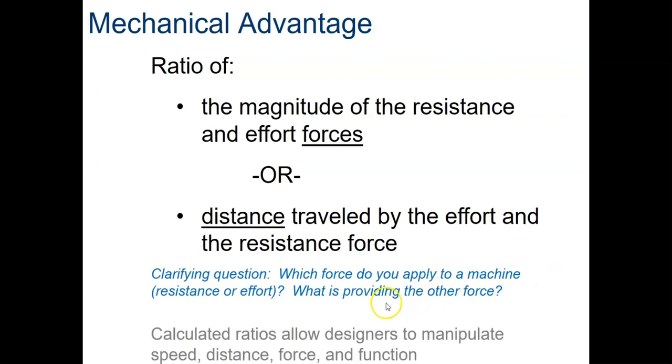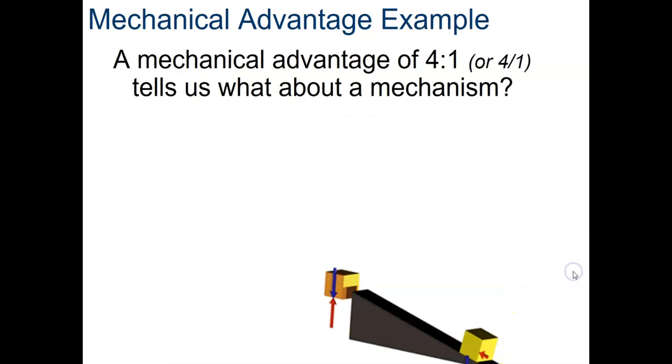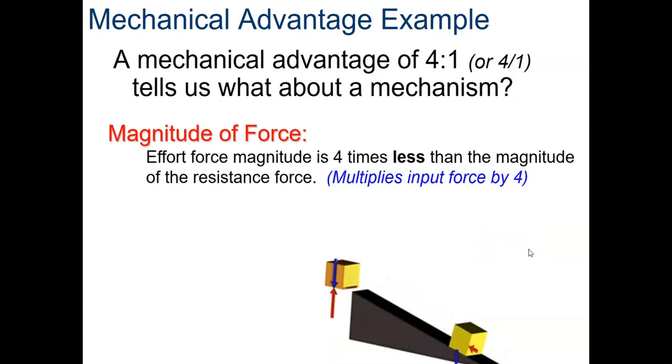So think about when you are designing machines, do you want less force required or do you want less distance required? Because there's always drawbacks based on work. So if we look at this inclined plane and we say we have a mechanical advantage of 4-to-1, what that tells us is that I need to put in 4 times less effort to lift the resistance force.